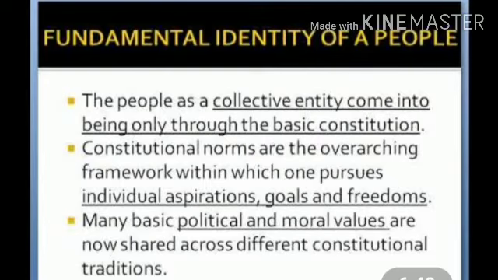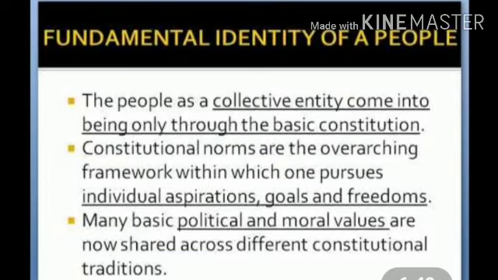It is by agreeing to a basic set of norms about how one should be governed and who should be governed that one forms a collective identity. The constitution provides a basic set of norms on how one should be governed and who should be governed, and that makes our collective identity.